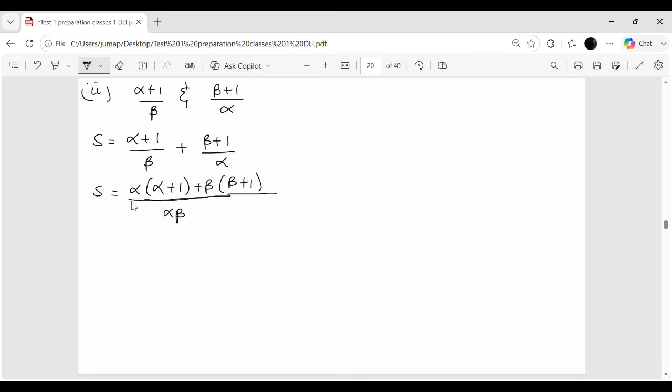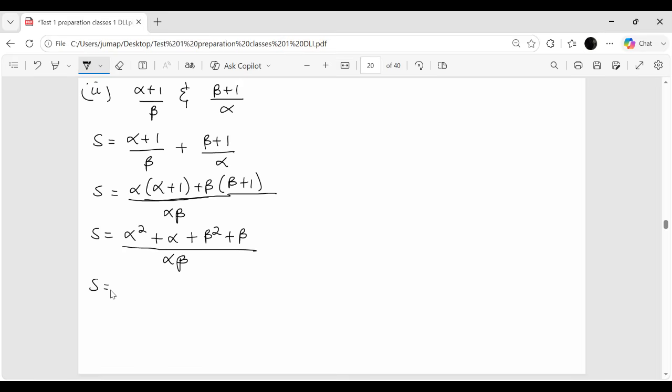As a result, your sum is equal to alpha squared plus alpha, then plus beta squared plus beta, over alpha beta.